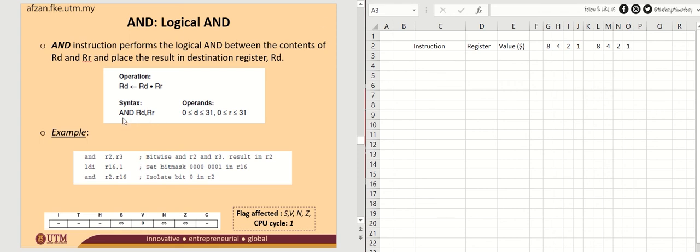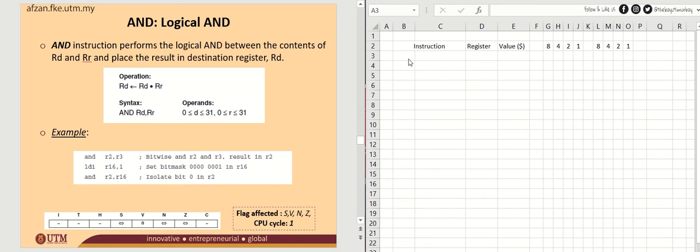The syntax is AND RD, RR, in which RD and RR can be from R0 to R31, and you see the operation here. RD AND with RR and put the result into RD.